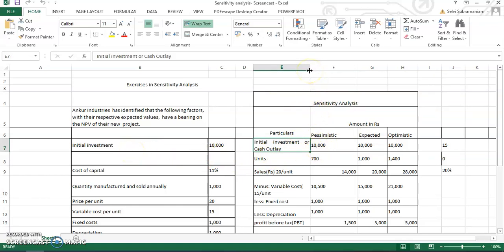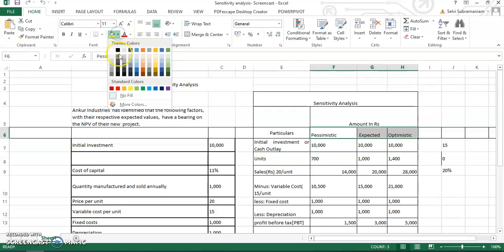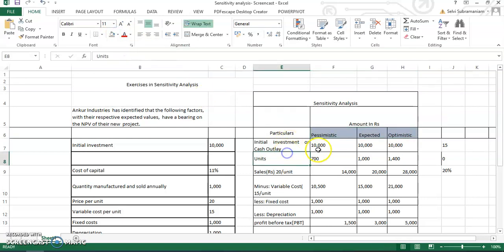Since sensitivity analysis has to be worked out in three different situations, namely the pessimistic, expected and optimistic, I've taken those values. The initial investment is given to us, which is otherwise the cash outlay. I've just taken it as it is: 10,000, 10,000, 10,000.